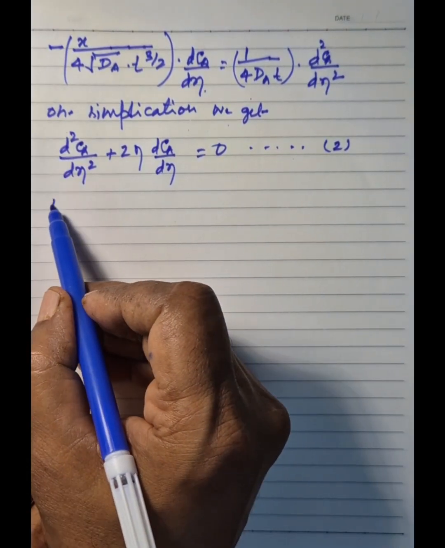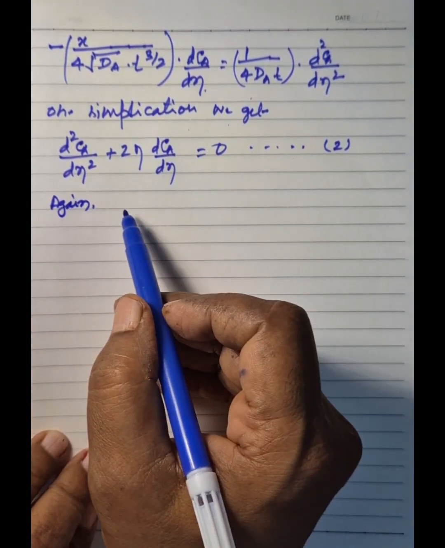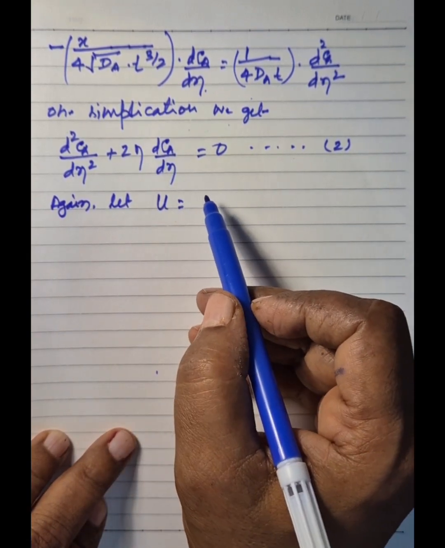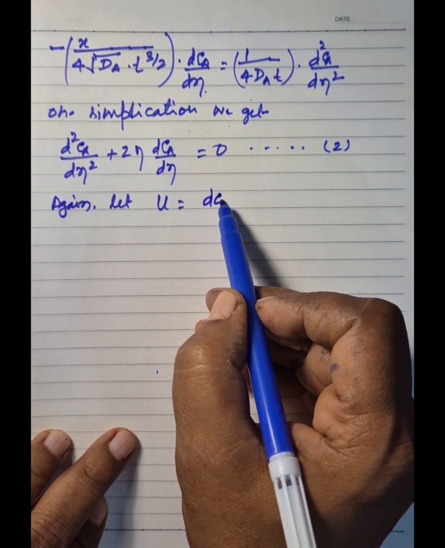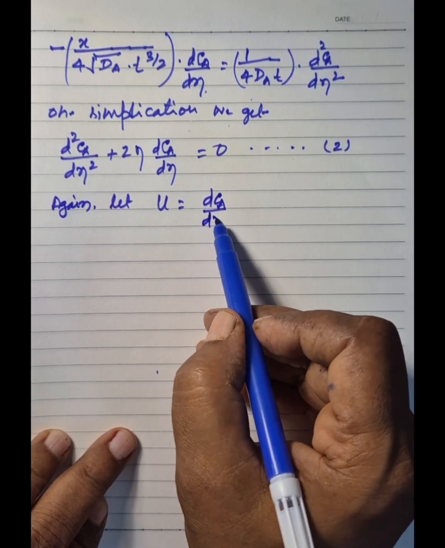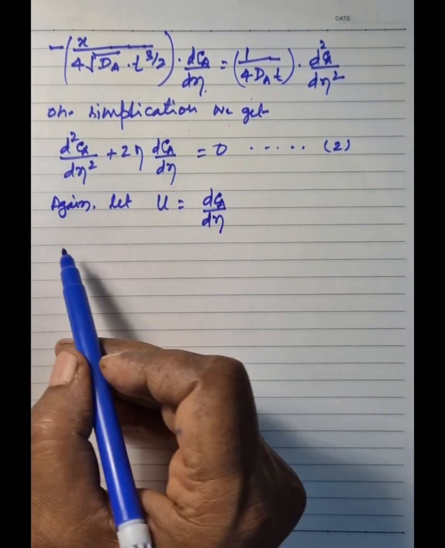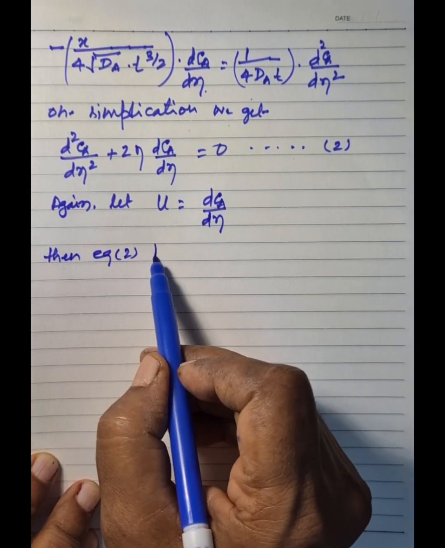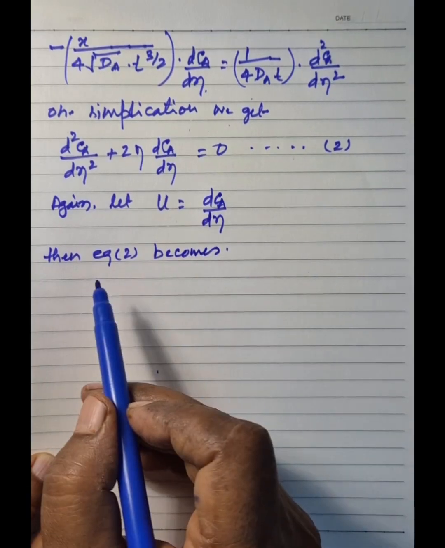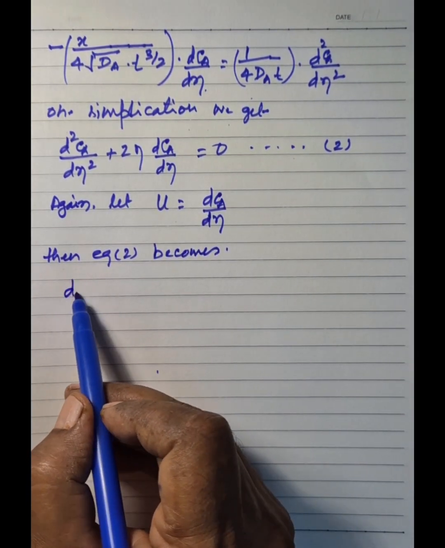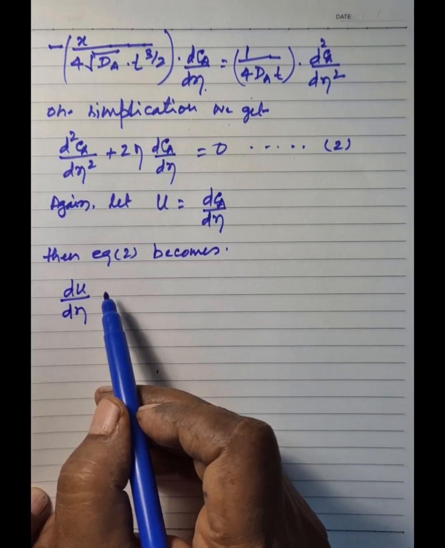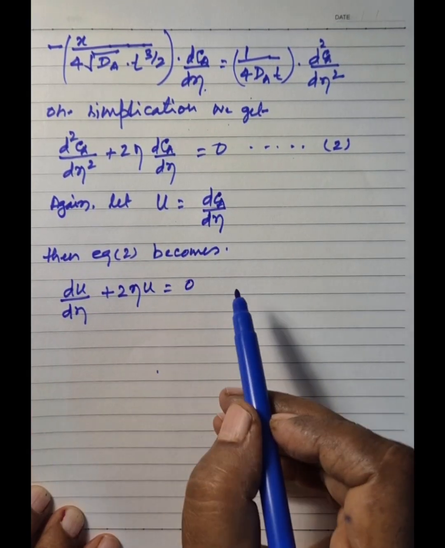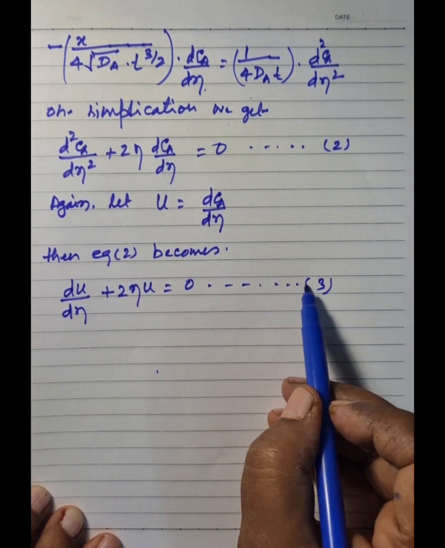Now again, let u be equal to dCA by d eta. Then equation 2 becomes du by d eta plus 2 eta into u is equal to 0. This is equation number 3.